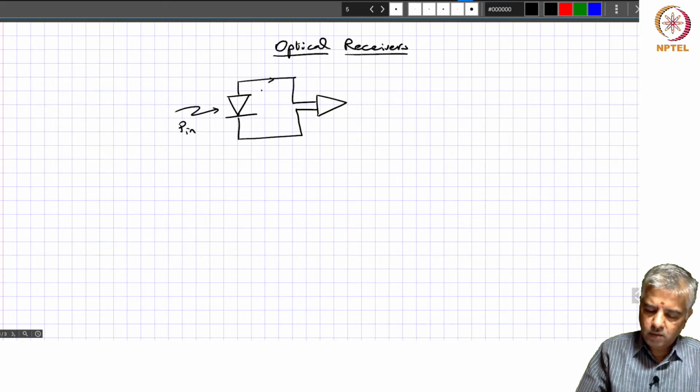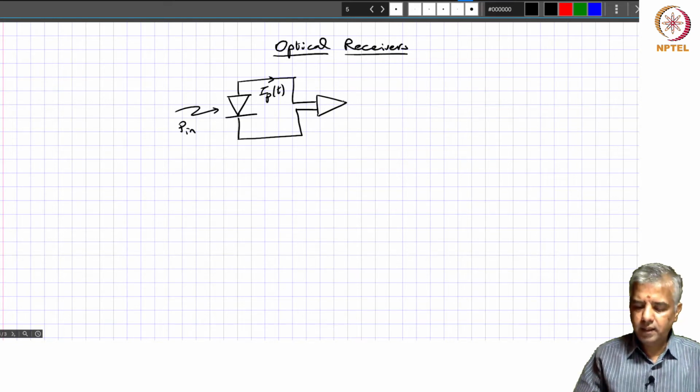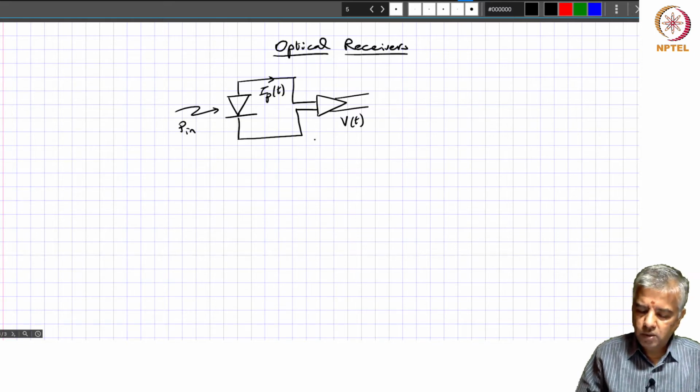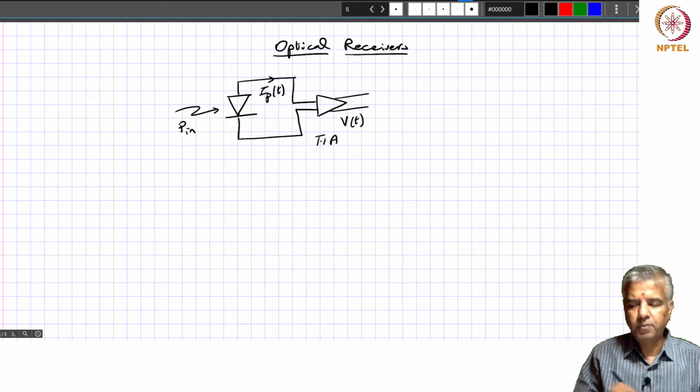So this photocurrent, let's call that IP of t, and that's converted to a voltage, let's call this V of t, which corresponds, well, that photocurrent is converted to a voltage using what is called a transimpedance amplifier, TIA in short.